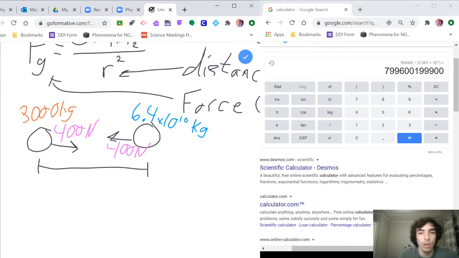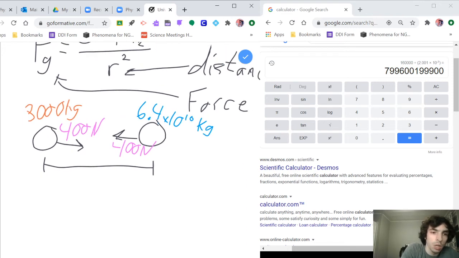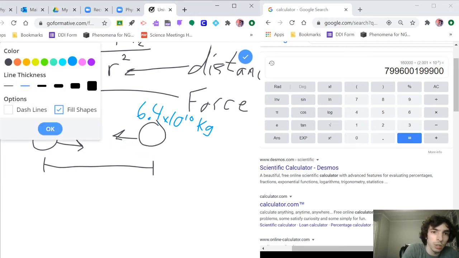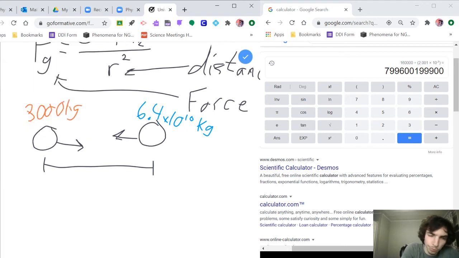So another very large mass. And instead of our 400 newtons, let's say the gravitational force that they exert upon each other is 1,500 newtons and 1,500 newtons.